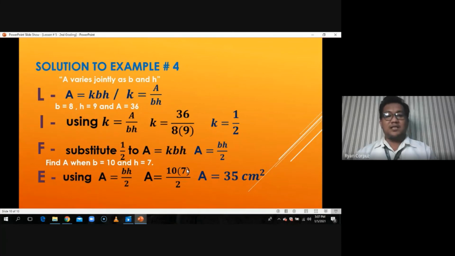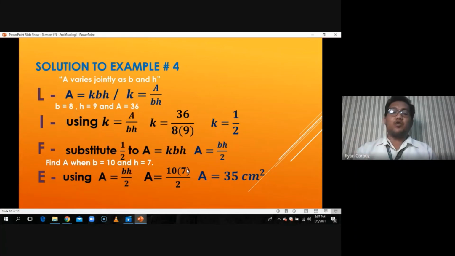So since it's in terms of centimeters, the unit of measurement should be in terms of square centimeters. So therefore, the area of a triangle whose base is 10 and height is 7 is equal to 35 square centimeters. So you should not forget that unit of measurement.